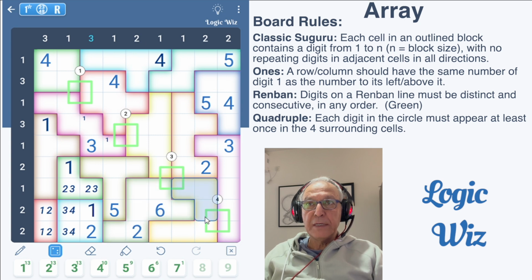We have here a block in the size of 6. This cell sees all the 6 cells here, so it cannot be 1, 2, 3, 4, 5, or 6 because it will be adjacent to, excuse me, to the digit here. So this cell must be 7. Okay, now in this cell 2 must go here.